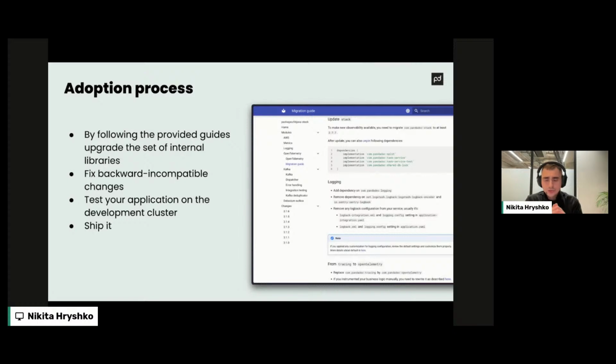And if you are going to do something similar, you should stick to the simple approaches like bump your libraries, fix incompatible changes, test your application, and ship it. Try to avoid big changes because it may take a lot of time for your engineers to upgrade.